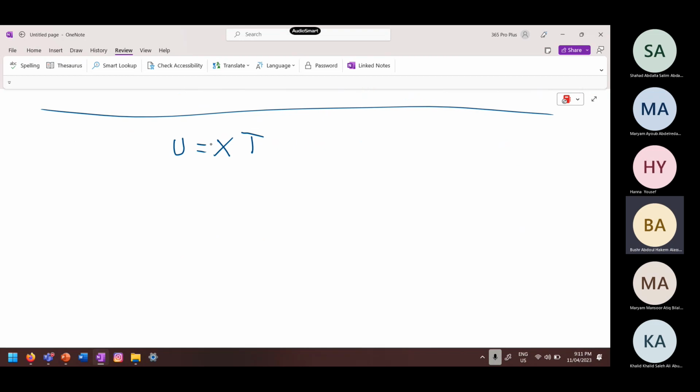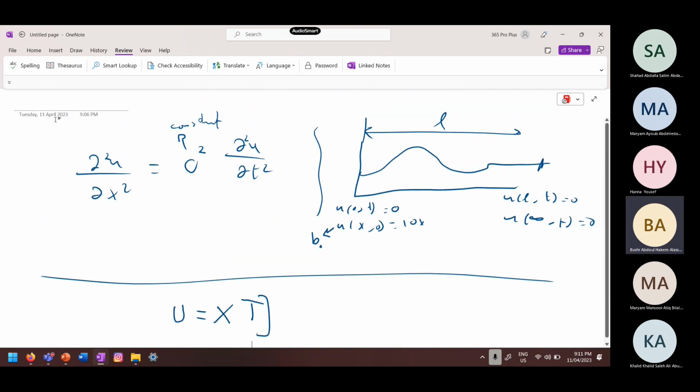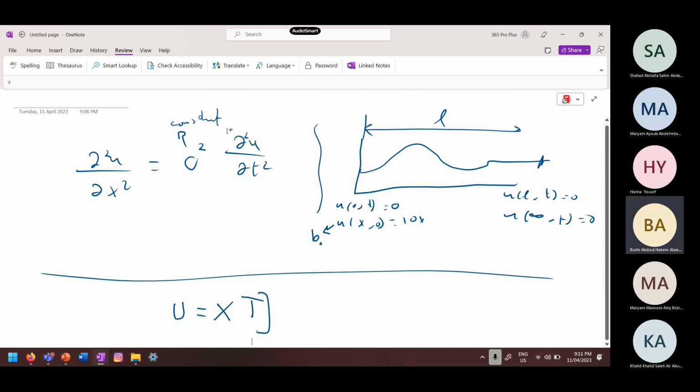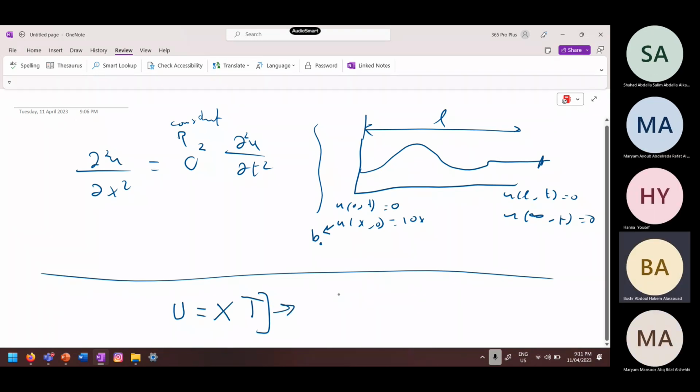Now you need to use this substitution. Substitute it here in the original equation. So this will give you partial square u over partial x squared. This means that we need to differentiate with respect to x twice.